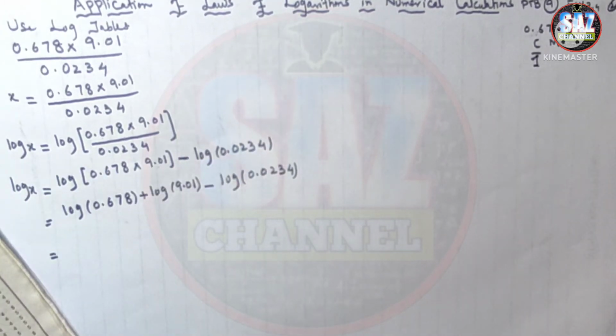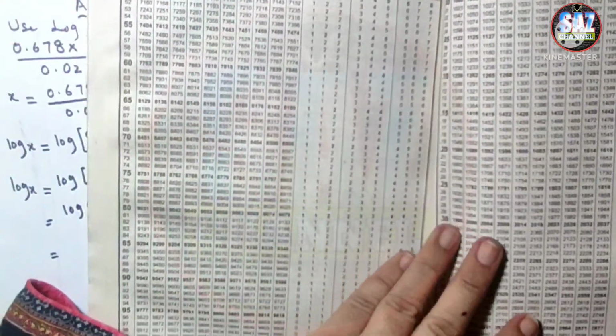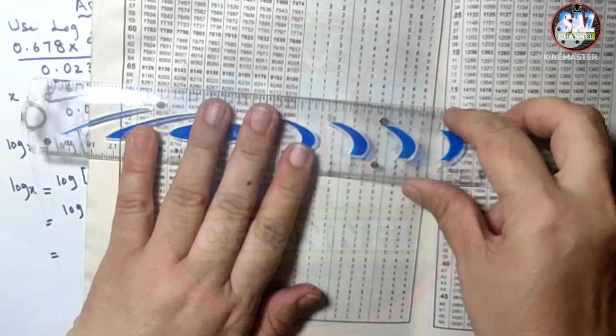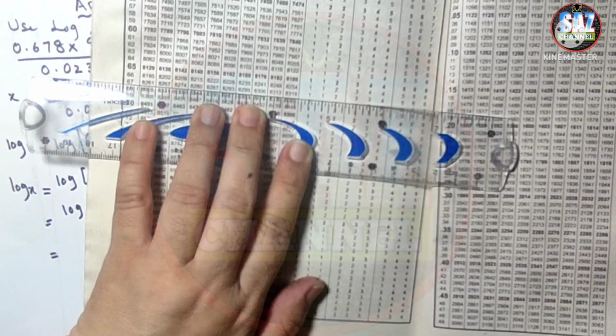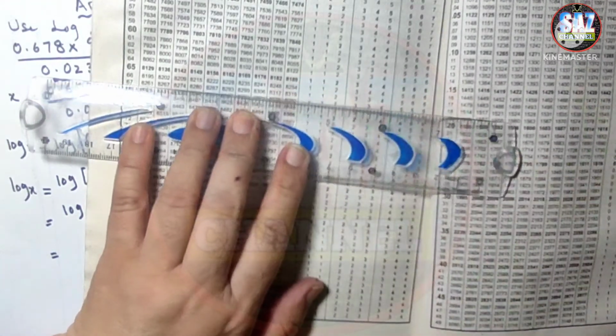Now I have to locate 67 in the column of 8. 67 when located in the column of 8 is 8312.